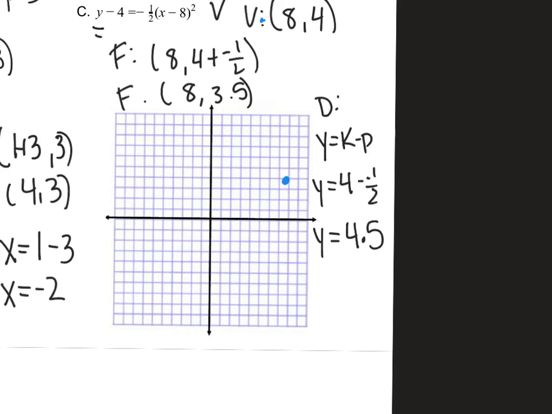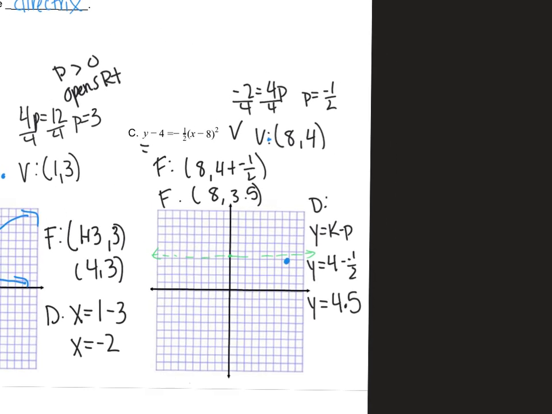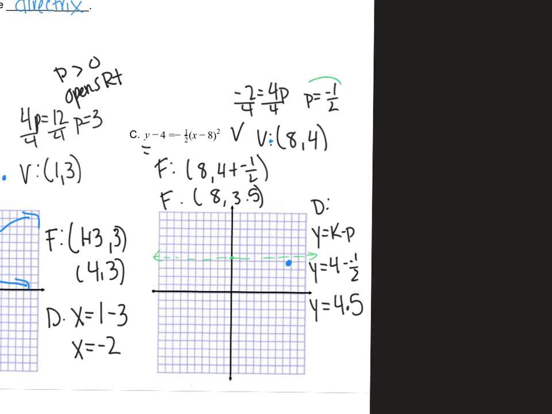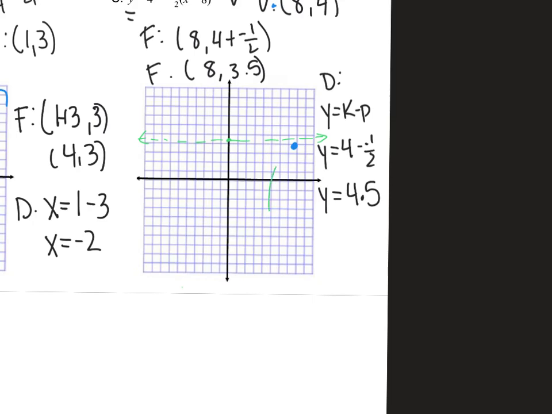So that was 1, 2, 3, 4.5. So we never talked about whether this opens up or down. P was negative, so because P is negative, it opens down. So there we go.